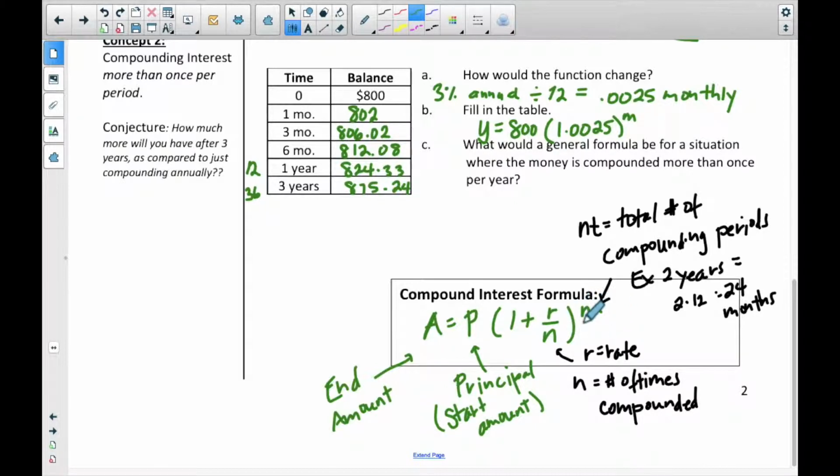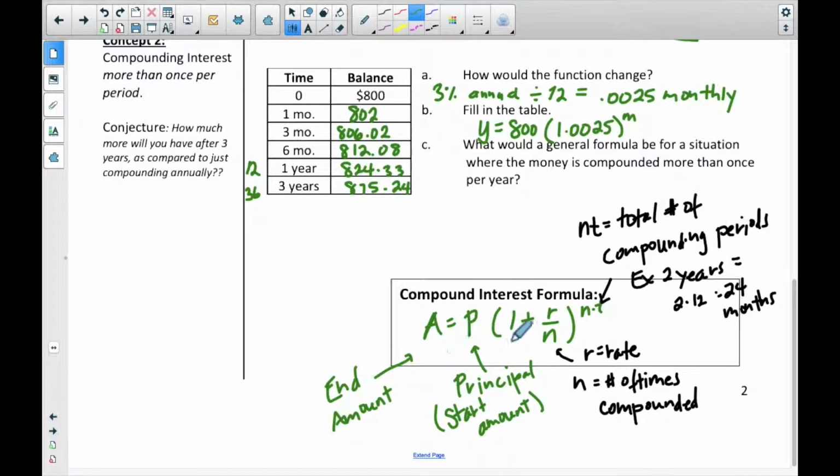So don't let that N times T of this exponent confuse you too much. Just if you think about it logically, I think it'll work out. I used M up here, so I knew it was months. I'm using N times T because that is 12 times 2, so we've got 24 months altogether.